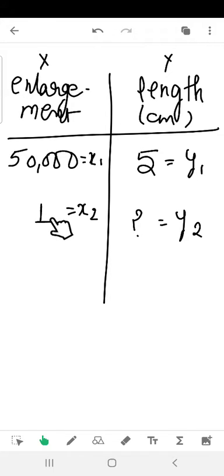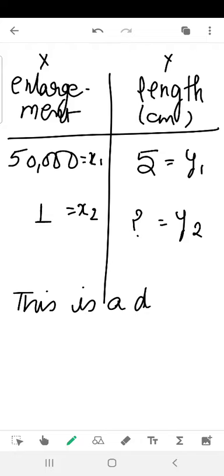If you increase the enlargement, the length will also increase. If you decrease the enlargement, so there is less enlargement, then the length will be less too. Okay, so the proportion is direct, and you will write that this is a direct proportion.